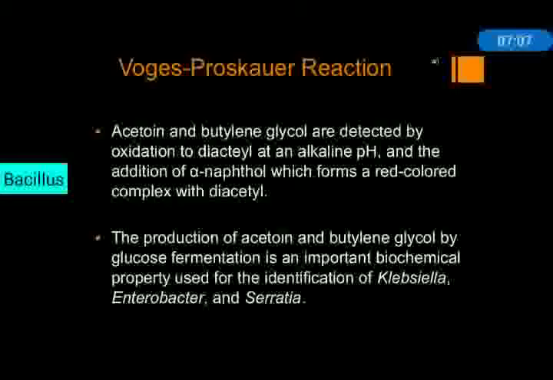Usually Enterobacter is responsible for the alkaline pH, so Enterobacter gives a positive test. The production of butylene glycol by glucose fermentation is an important biochemical property used for the identification of Klebsiella, Enterobacter and Serratia.